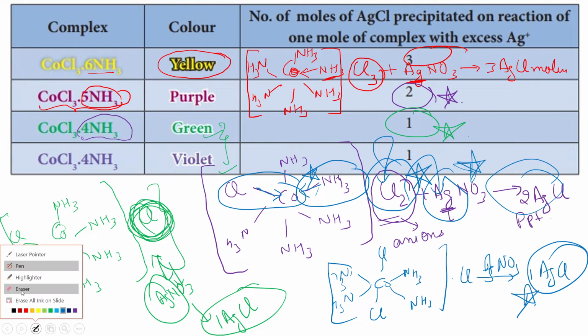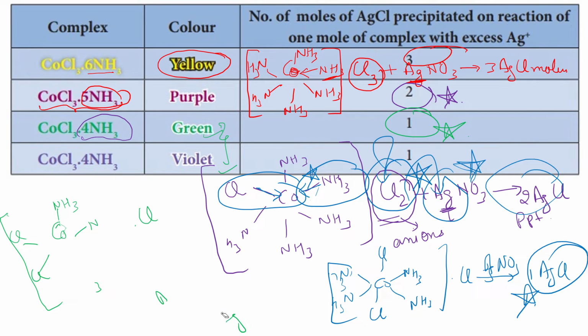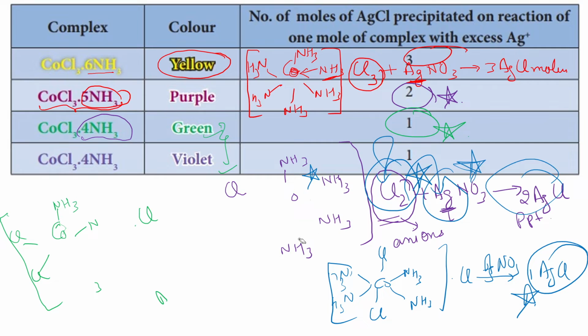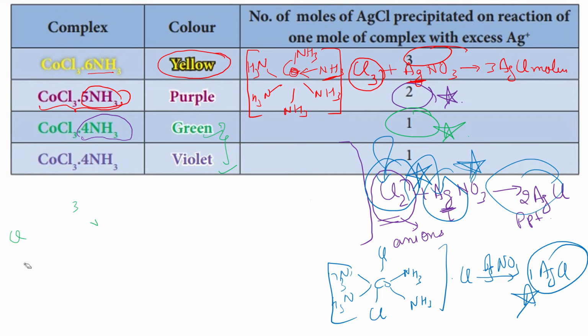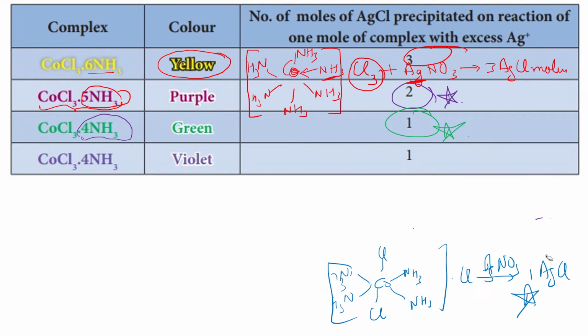I hope you guys are understanding what I'm trying to explain. So, these were the initial experiments performed by Werner, where he observed that for different complexes that he was working with, different amounts of silver chloride came out, and from there he gave this coordination complex theory that ligands are coordinating strongly to the metal ion, and those ions which are present outside the coordination sphere are basically reacting with silver nitrate to form silver chloride PPT.